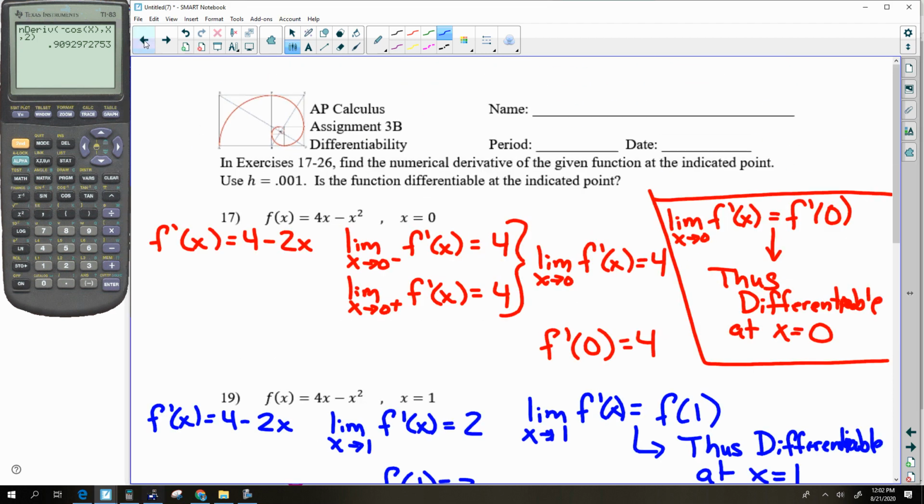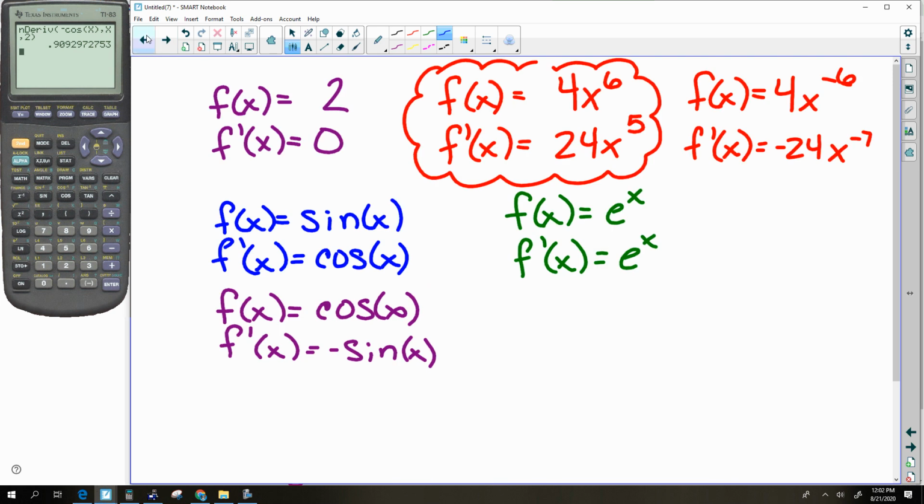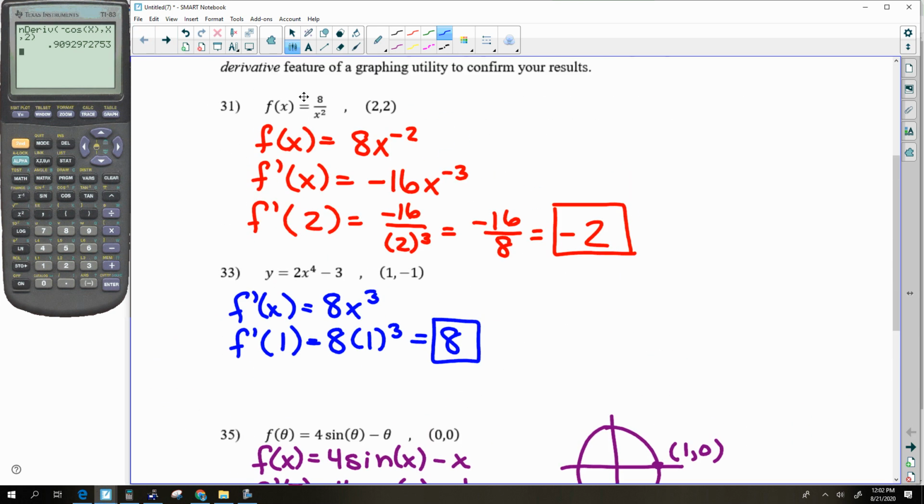And then that is the value of the derivative at x equal to 2. Before, when we did this using our calculator and the actual physical graph, for instance number 31, I go math, n-deriv. What is the derivative of 8 divided by x squared, with respect to x, at the x value of 2?